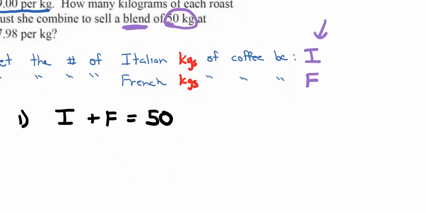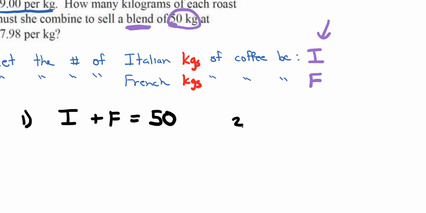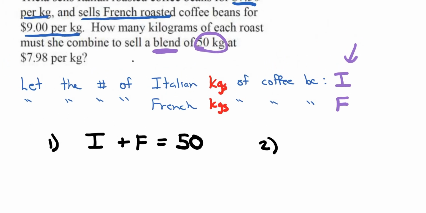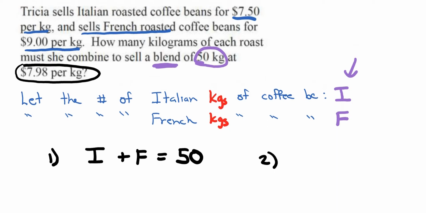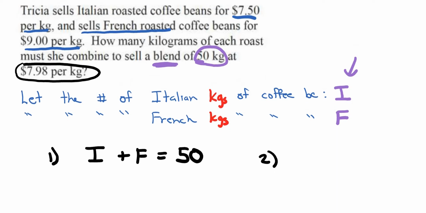Now the second equation is a little bit more work because we're mixing things, and we're trying to make $7.98 per kilogram when we've mixed in the French coffee and the Italian coffee here. Okay, so let's see if we can make an equation here. We know that Italian coffee sells for $7.50 per kilogram.